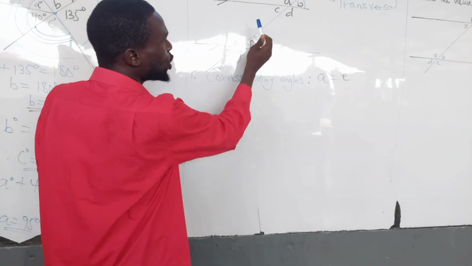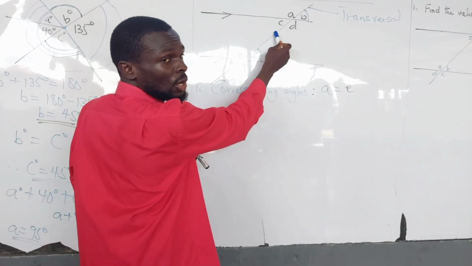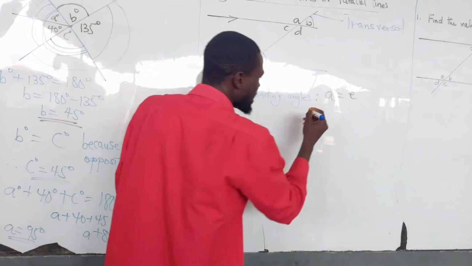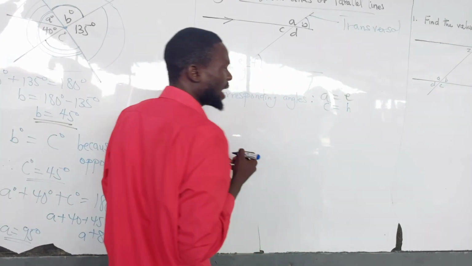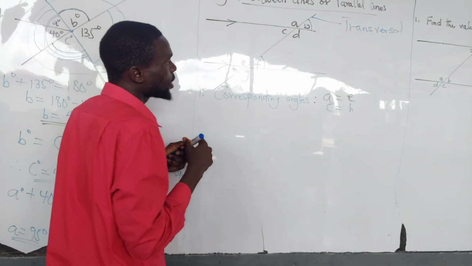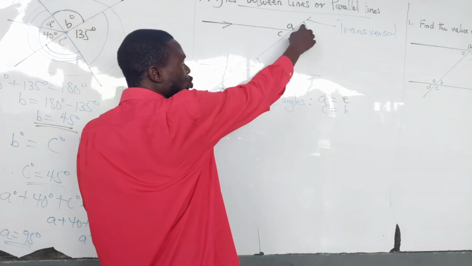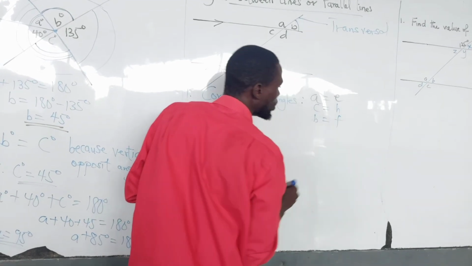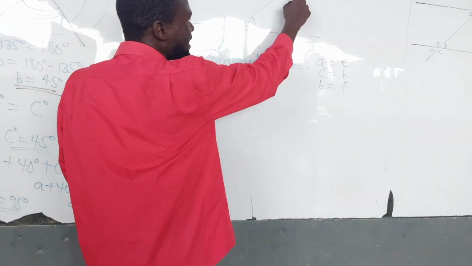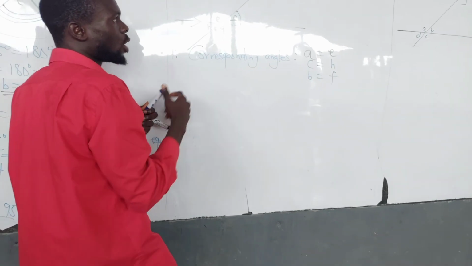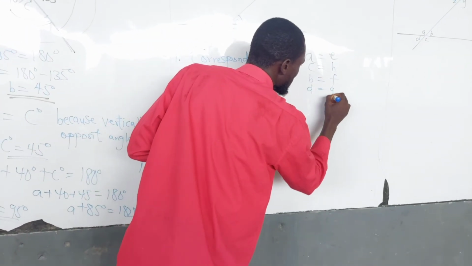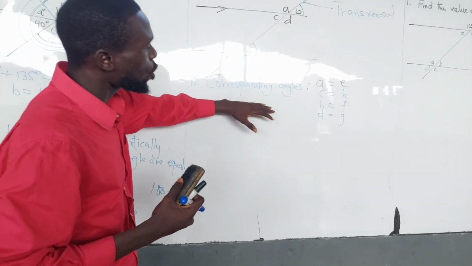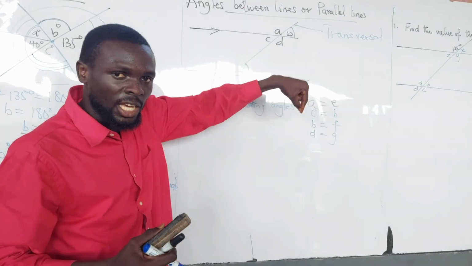And also, looking at the position of C, we can see that it is just the same as the H. So C is also equal to H. Then B also corresponds to F, so B is also equal to F. And D is also equal to G. And so we can say corresponding angles are equal.